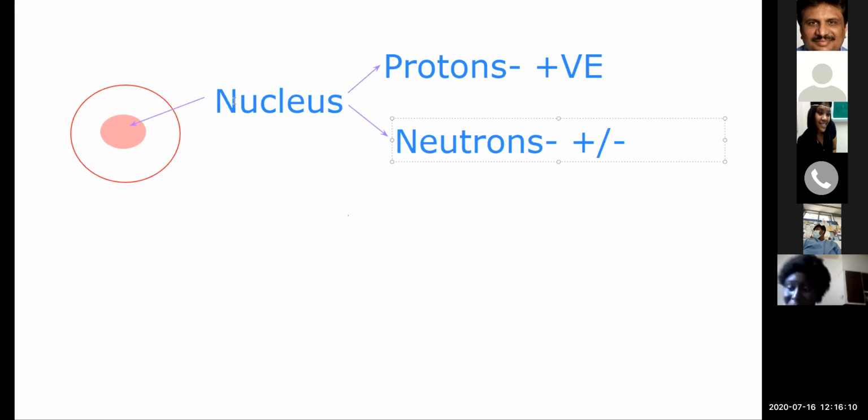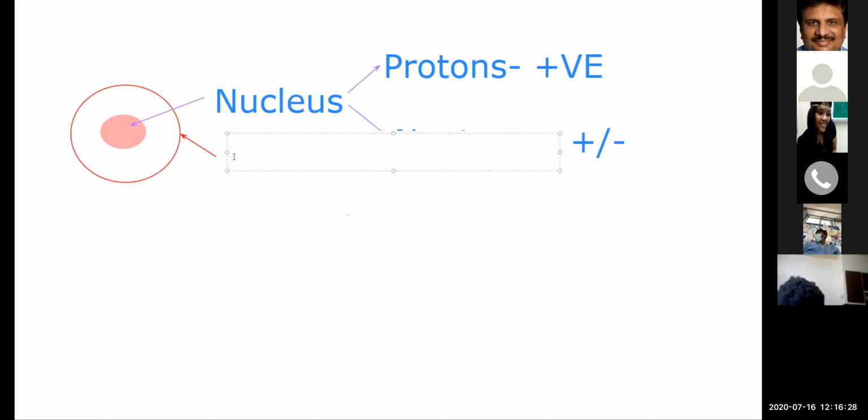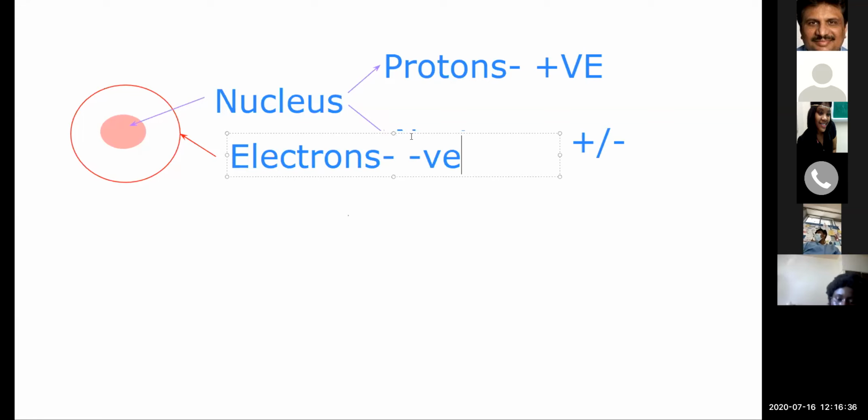That revolving particle is called electrons, and these electrons are negatively charged.